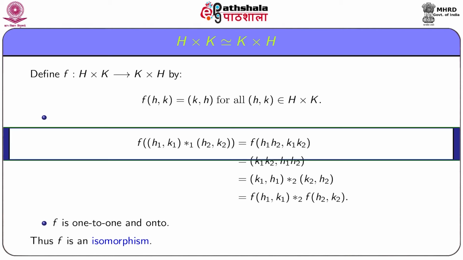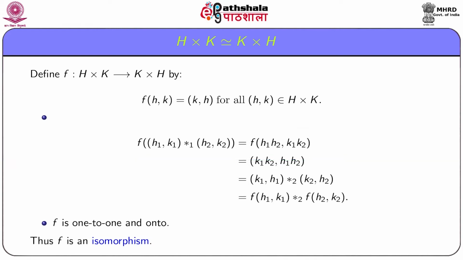So, f((h1, k1) star 1 (h2, k2)) is equal to f(h1h2, k1k2), which is equal to (k1k2, h1h2), and if we consider the product over K cross H, we get (k1, h1) star 2 (k2, h2), and hence this is equal to f(h1, k1) star 2 f(h2, k2).